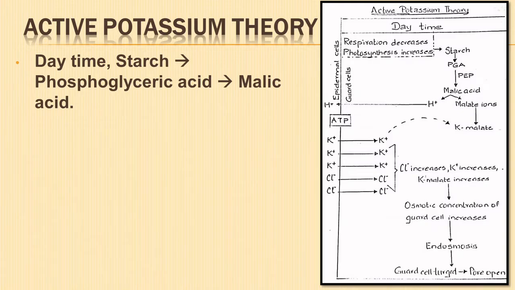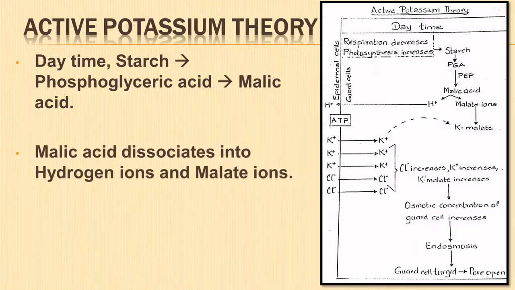During daytime, starch present in the guard cells is converted into phosphoglyceric acid and then to malic acid in the presence of enzyme phosphoenol pyruvic carboxylase.